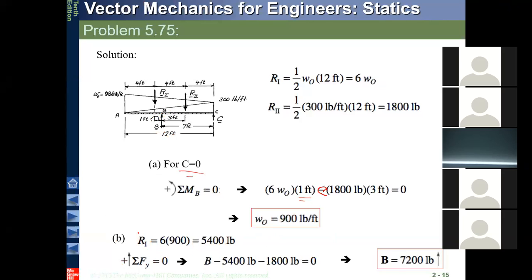And then you can write equilibrium in a y direction, and you will get By minus 5,400 pound minus 1,800 pound, and you will get B. Now, you do not have any Bx here because there is no external force. There is no force in the x direction. So Bx is equal to 0.